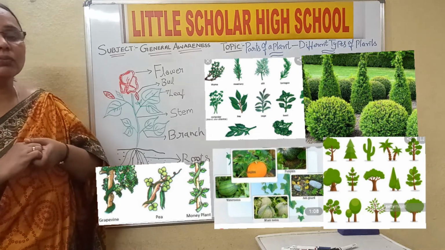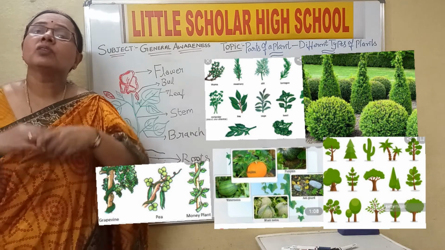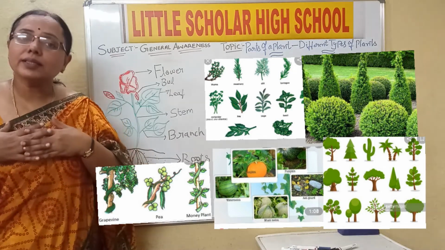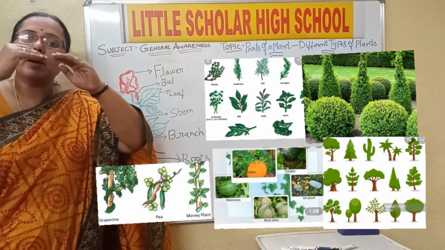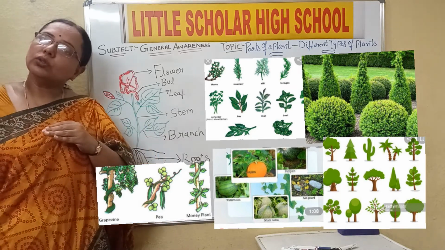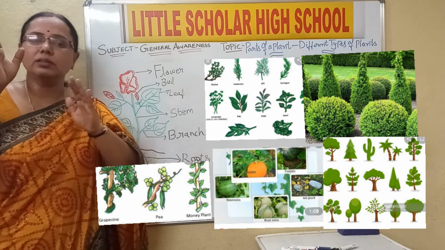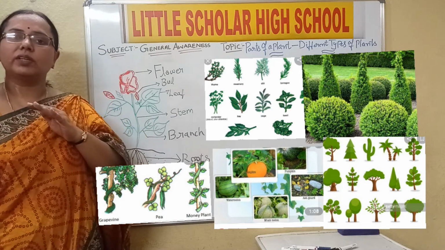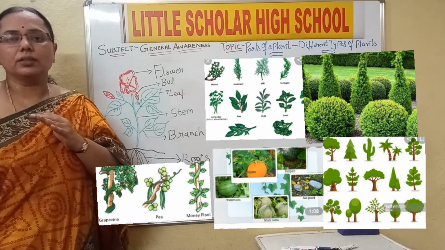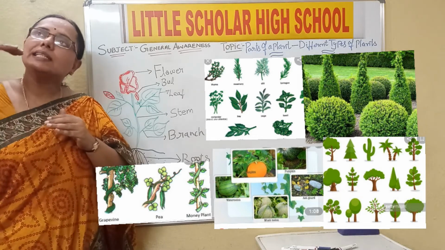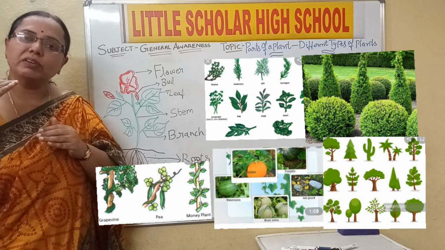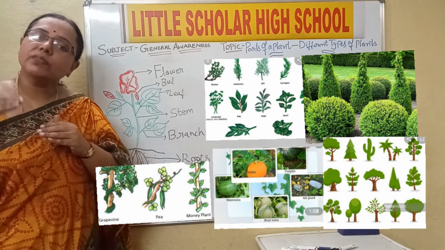Then we shall talk about the climbers. What do you understand by climbers, children? Climbers means which climb up. When you want to go to the terrace or the first floor, you climb the stairs, isn't it? In the same manner, some plants also will climb up with the help of a wall, or with the help of some other plant.